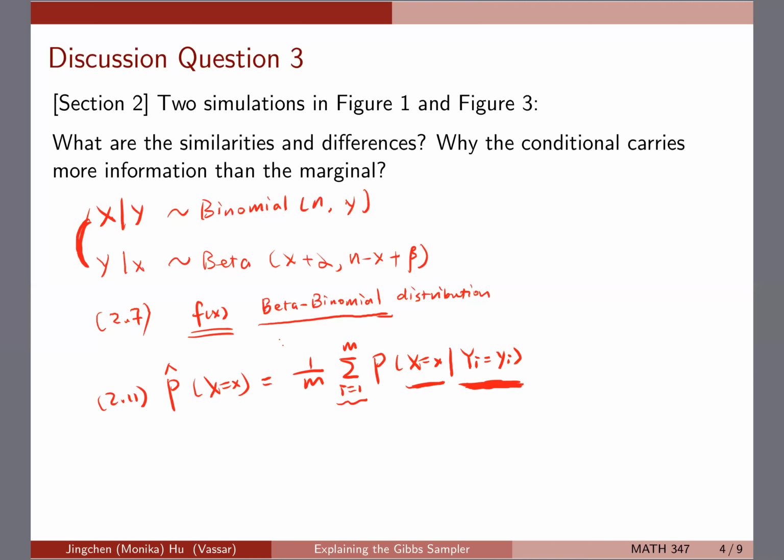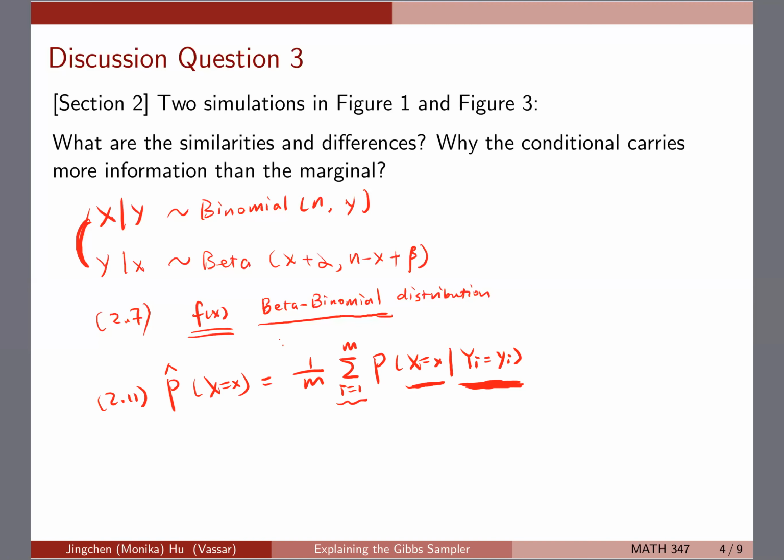Figure 3 is looking at this density average given the values of the last y, whereas figure 1 is simply counting the empirical counts: how many values of x fall into each of the little integer intervals they're looking at. So that's why for figure 1 it's counts, whereas for figure 3 it's probability or density.